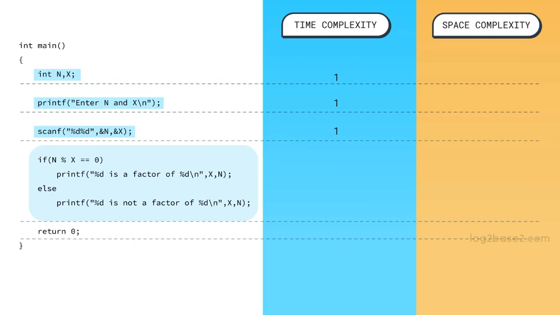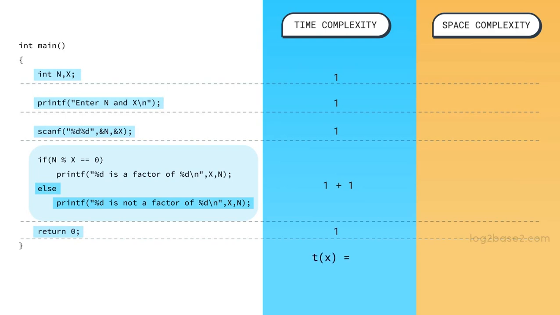Here, for a given value of n and x, either if part will work or the else part will work. So, for this case check, we can say it takes 1 unit of time, and for the print statement inside, it takes 1 unit again. So a total of 2 units will be taken for this part only. And the final return statement will also take 1 unit time.